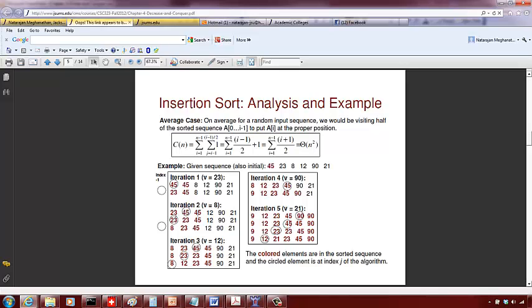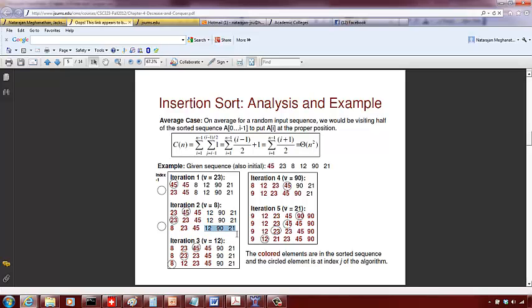Again 23 is greater than 8, so this is not the final position for 23, so we copy 23. When we copy 23, the 45 gets overwritten with 23, and there's nothing else to the left, so we insert 8 over here. So this is the sorted subarray, and this is now the unsorted subarray.